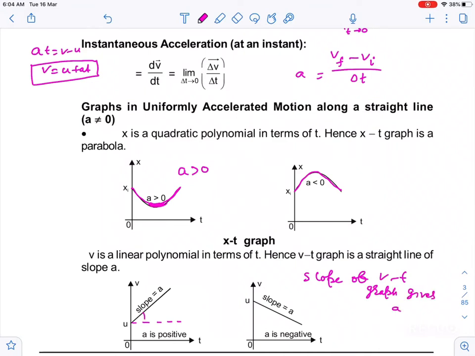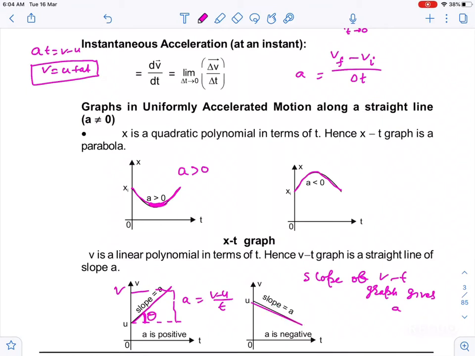So this acceleration can be calculated by this slope. Suppose this is final velocity v, so a is equal to v minus u by t. Now slope means tan theta, how much angle it is making with the x-axis in the anti-clockwise direction. So this slope is positive and this slope is negative.